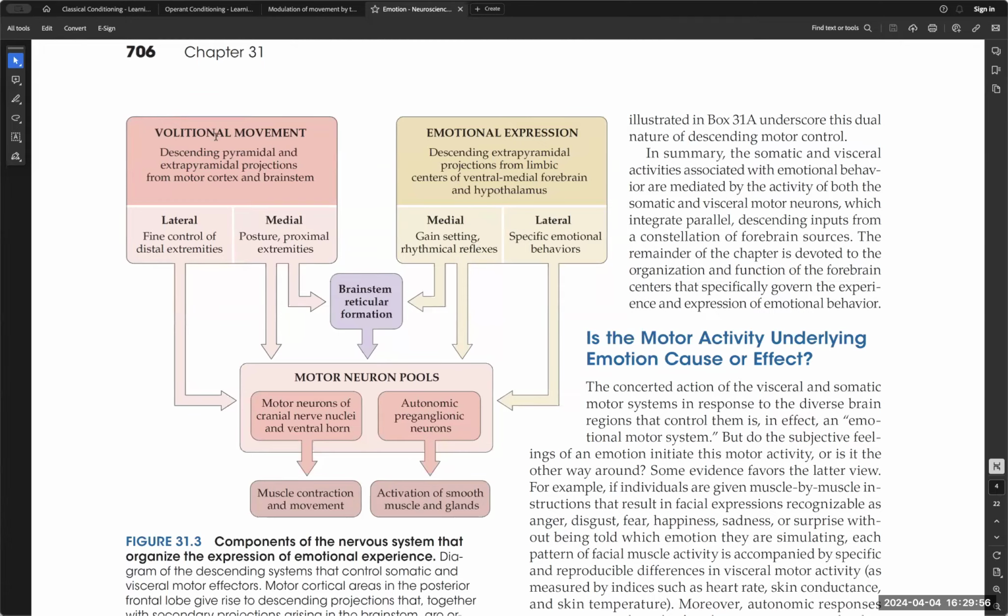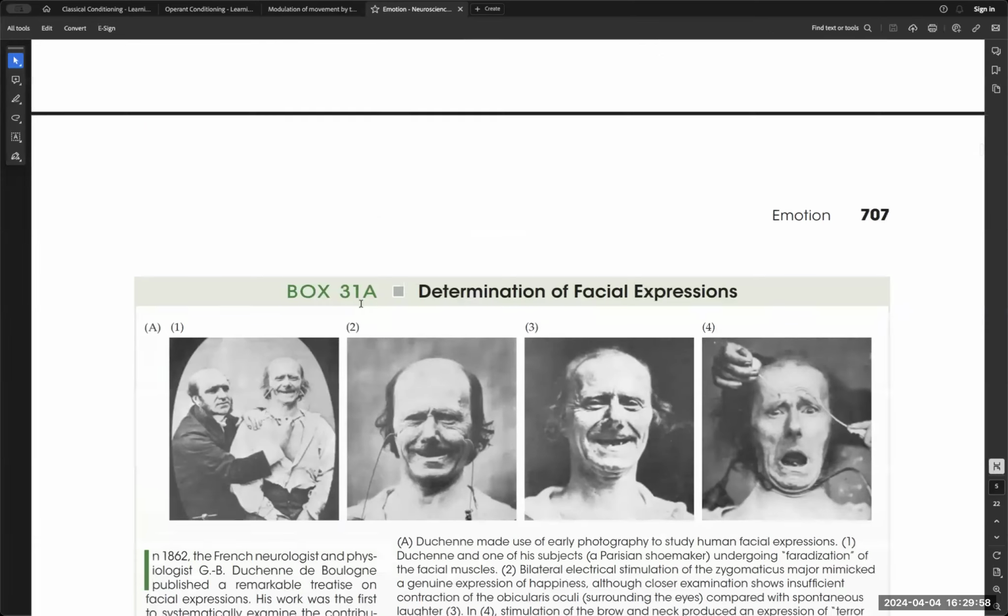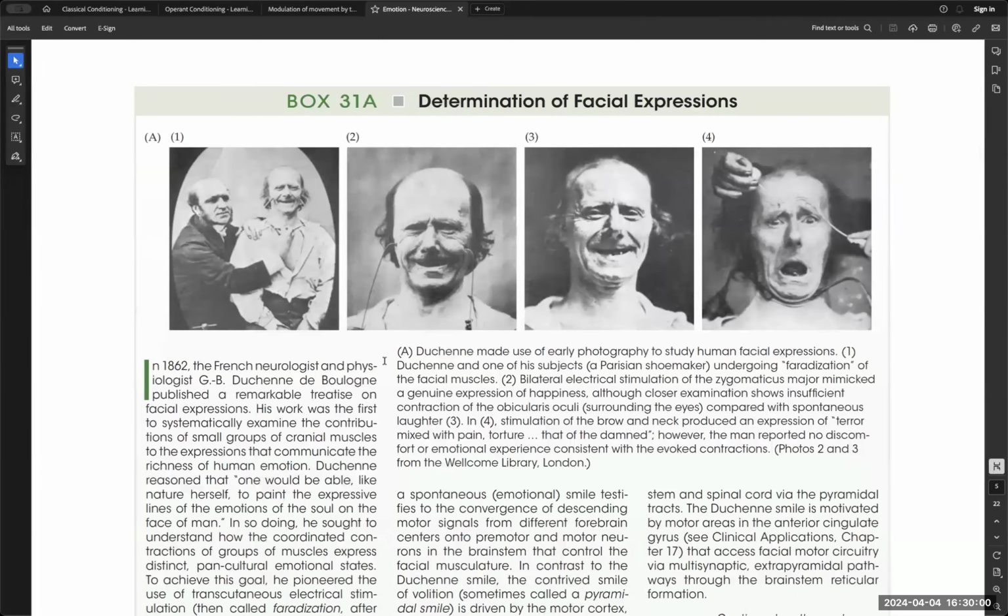Okay, بناء على هذا الكلام اجى واحد اسمه دوشين. سمعتوا فيه سابقا دوشين؟ في اسمه مرض كبير لازم تعرفوه. Muscular dystrophy, exactly the same neurologist, the same French neurologist who characterized the muscular dystrophy.